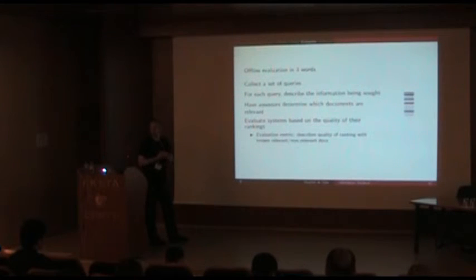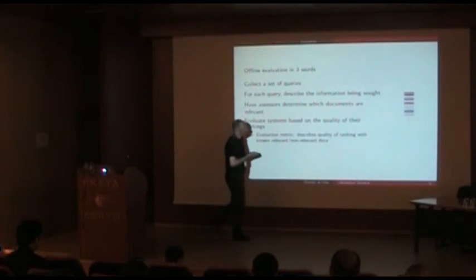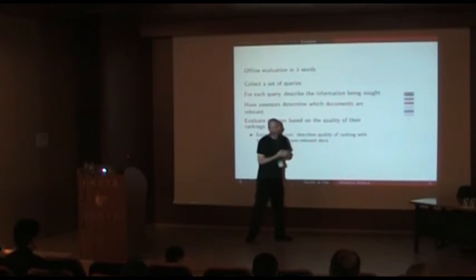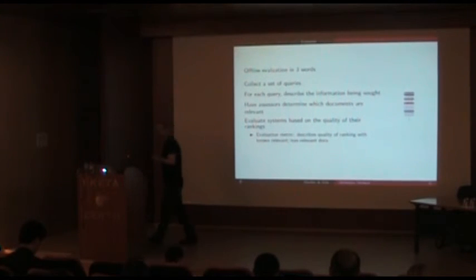So in offline evaluation, what do we do? We collect a set of queries that we think is somehow representative of what our users typically need. We describe the information needs. We have assessors that determine which documents are relevant. And we somehow evaluate systems based on the quality of their rankings. So we look at the ranked list, and for each item returned in the ranked list, we determine whether it's relevant or not.